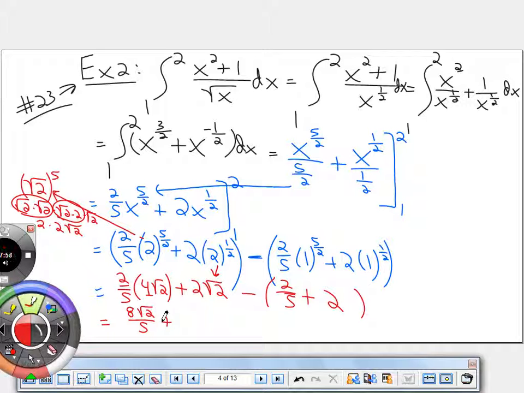I could change it, but maybe I'll do that in a second. So I'll say plus 2 radical 2, and then I'm going to go ahead and combine these two, the 2/5 and the 2. So common denominator, the 2 would be 10/5. So let's just say we combine those, so that would be minus 12/5. Would you agree? So it would be minus 12/5.